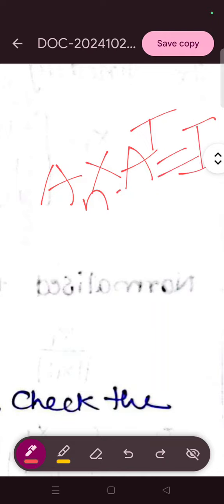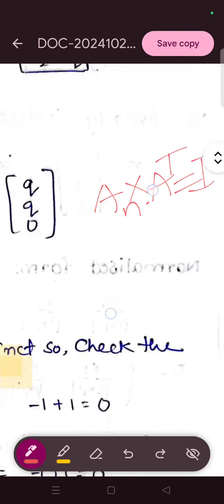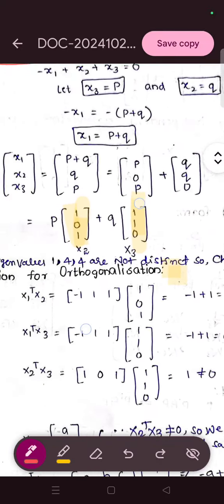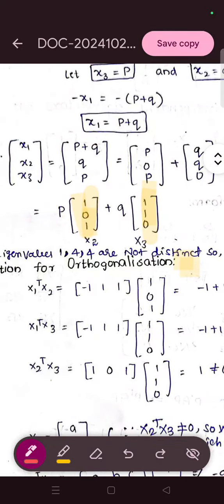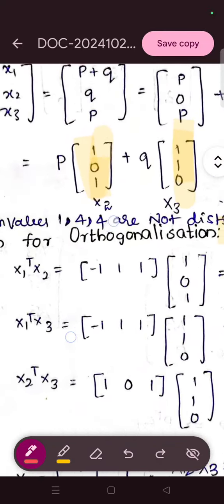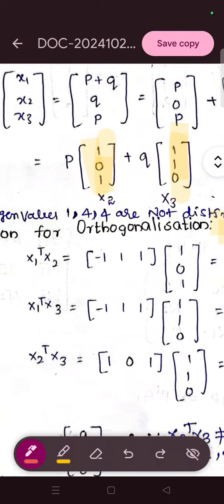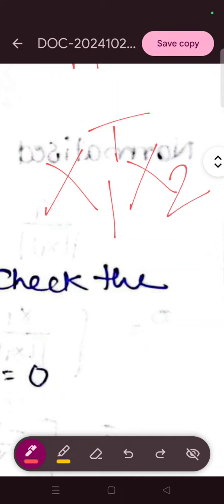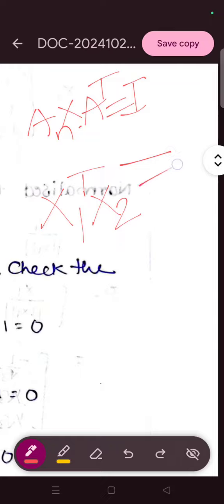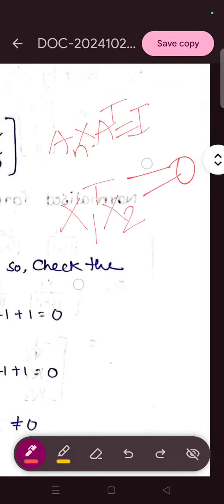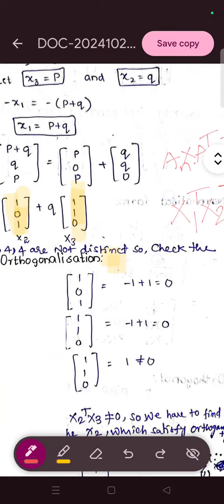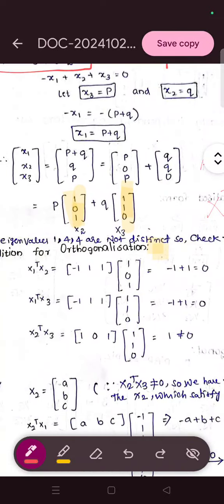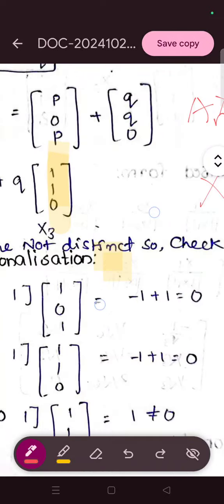This is for a square matrix, but the eigenvector is a column matrix. So the condition is, if we multiply x1 transpose and x2 and get 0, then x1 and x2 are mutually orthogonal.